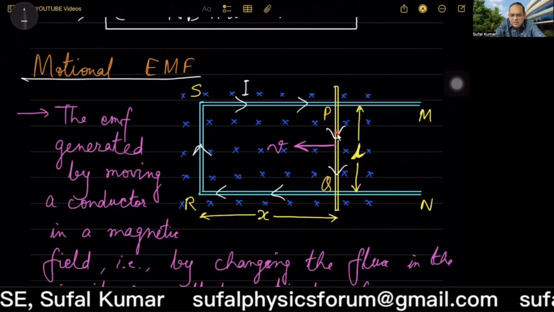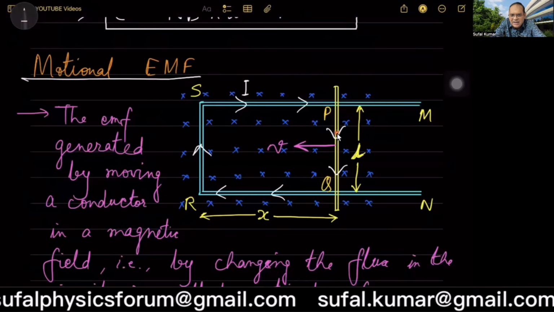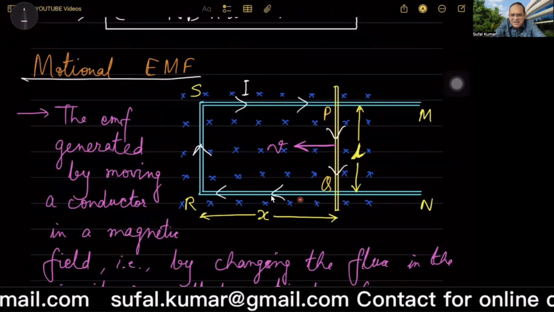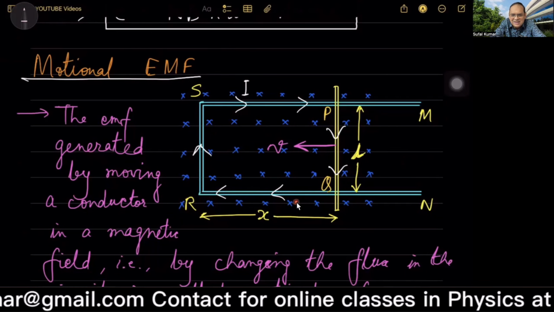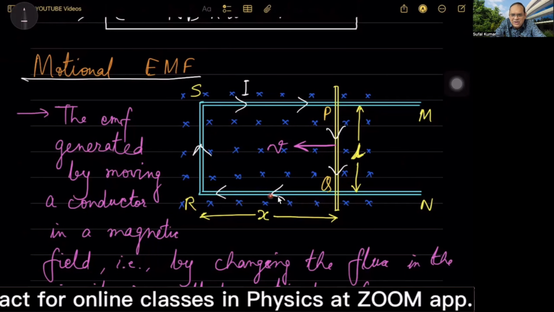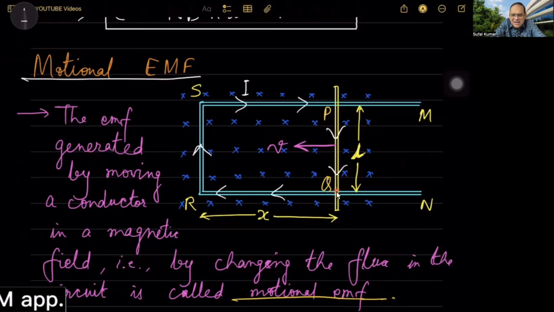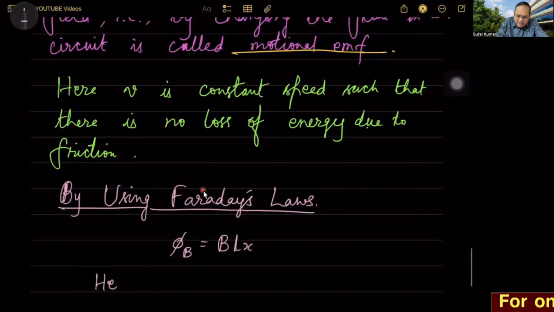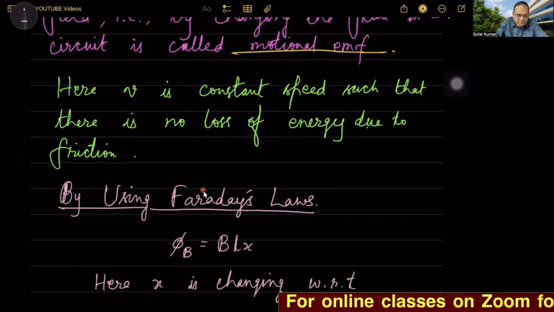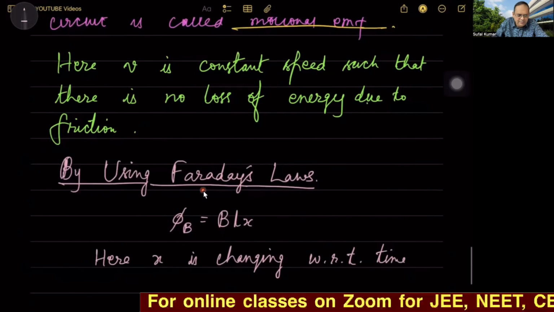B is already given, and area is length L into x. Length of the rod into x, where x is the separation between the rod and the end of the rail. Here, x is changing with respect to time.